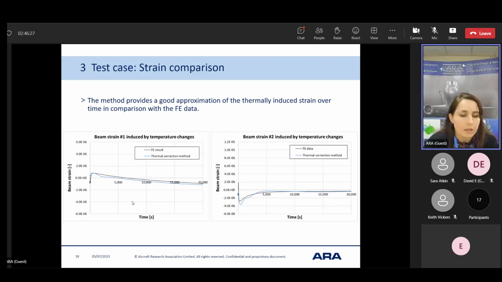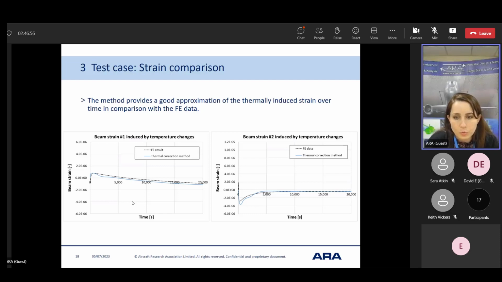We can still see a certain deviation. However, what we are looking for is a balance between computational cost and accuracy of the strain prediction. Based on these two challenges, we have quite promising results in terms of correcting beam strain error due to temperature changes.